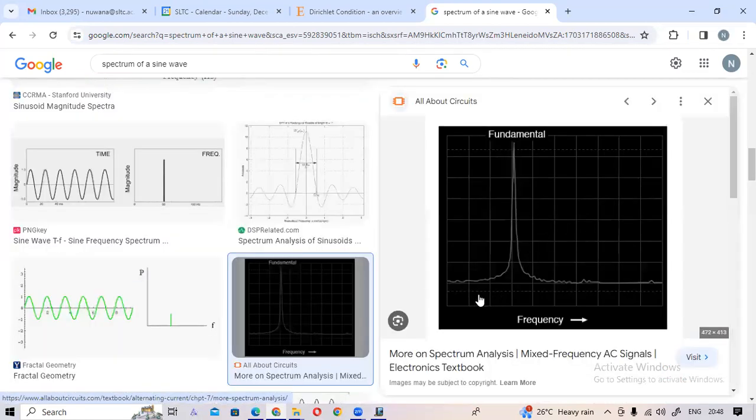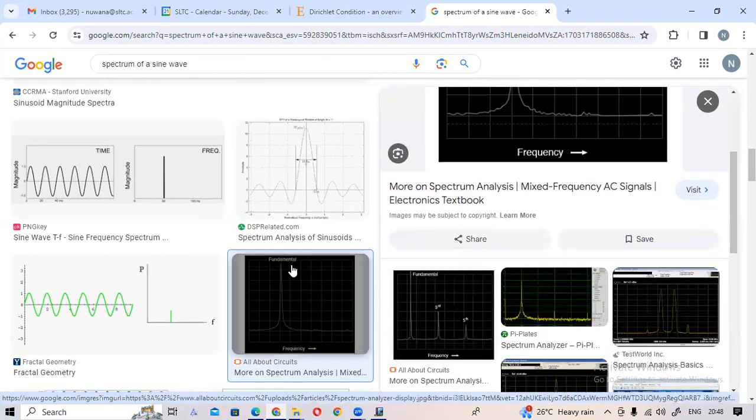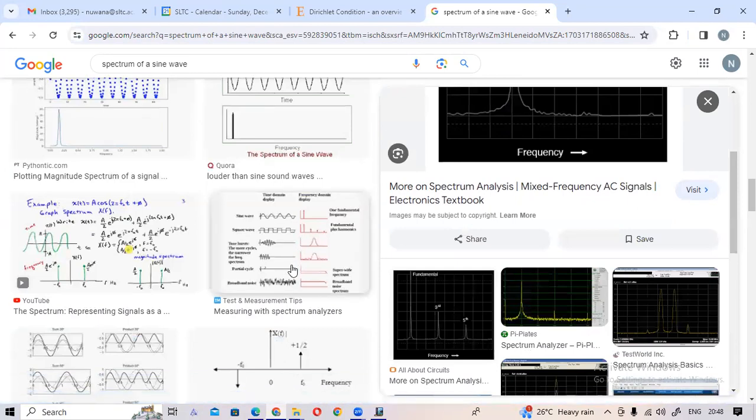This is what we can see in a spectrum analyzer. This is the frequency, in our case 100, and here it is power. This power may be in decibels or milliwatts. This is the spectrum we can see in spectrum analysis.